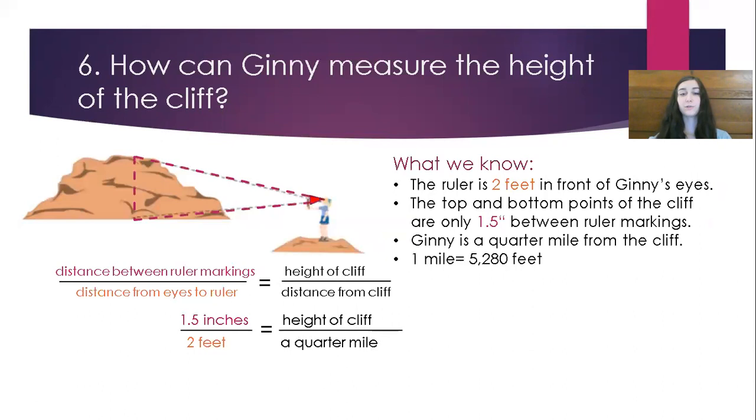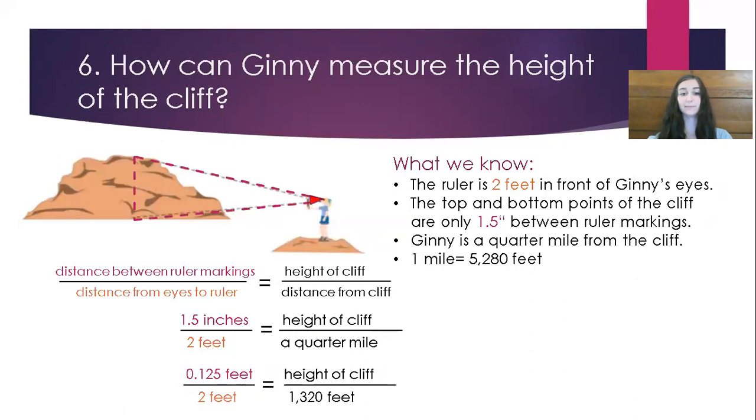Now, in order to finish this calculation, it'd be easier if we got all of the units the same. So we're going to convert inches and 1/4 mile right here to feet.